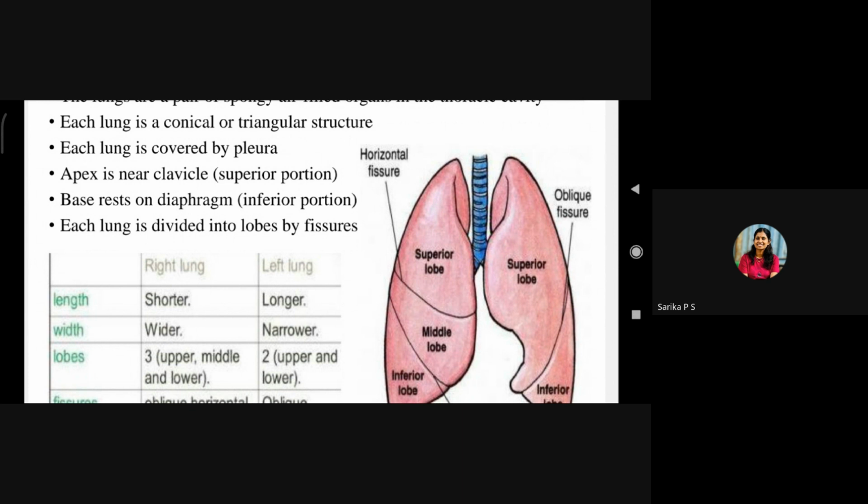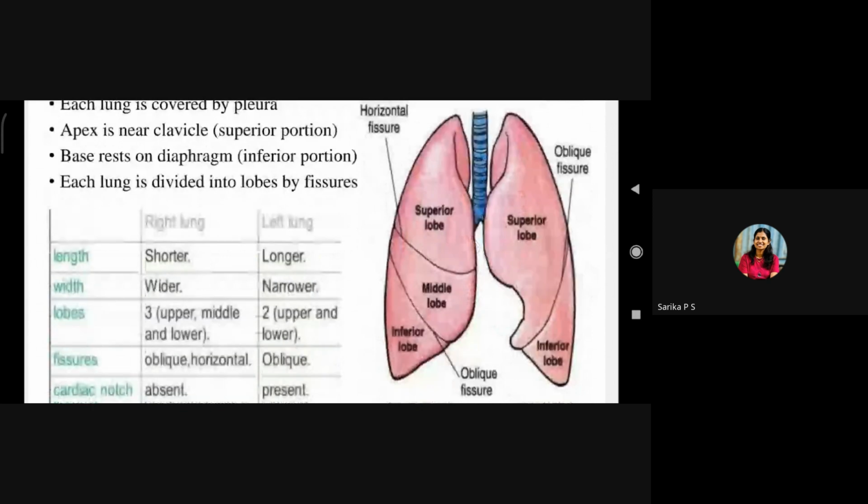Each lung is divided into lobes by fissures. The linings of divisions are known as fissures. In this picture, the right lung has 3 lobes and 2 fissures: the superior lobe, middle lobe, and inferior lobe.